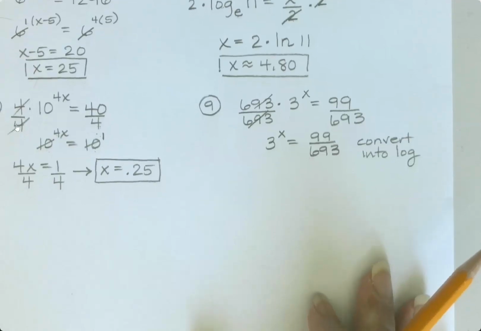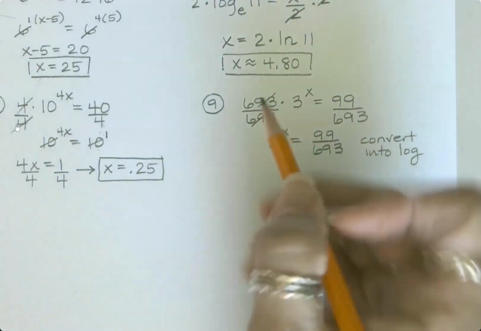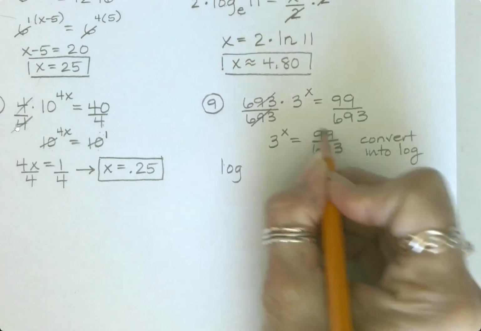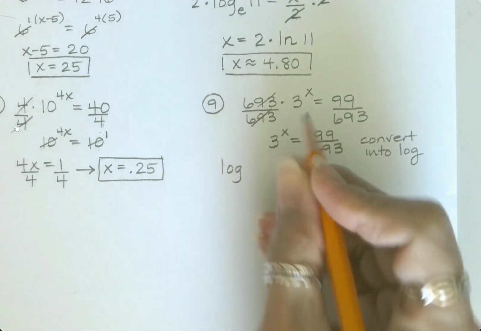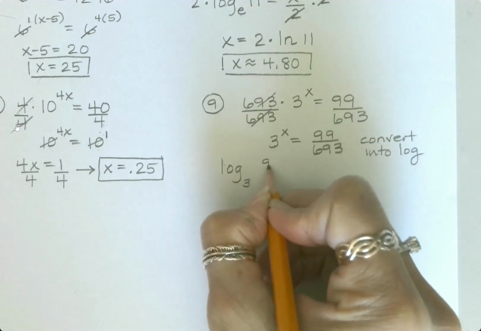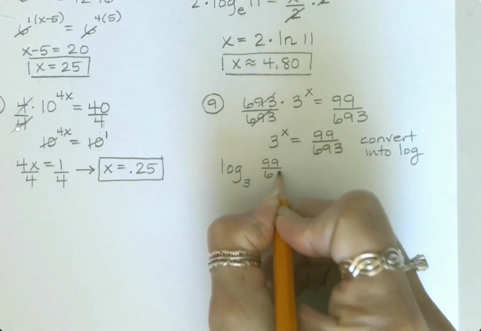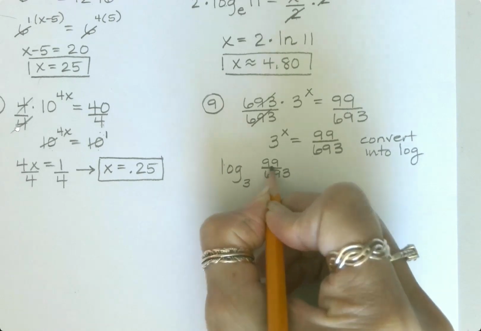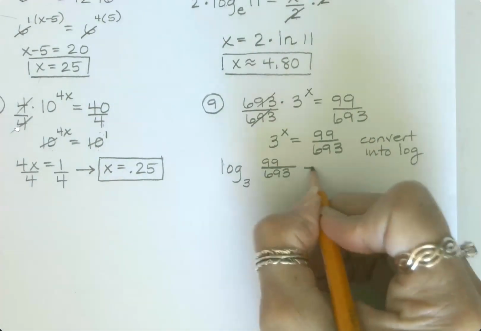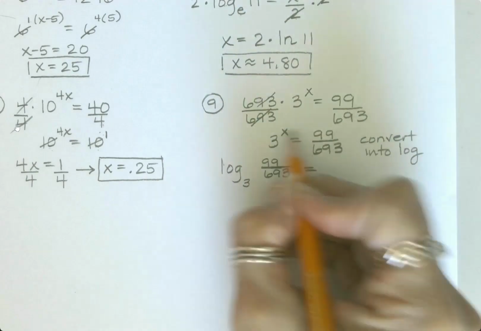So follow the rules of converting an exponential into a log equation. So let's write the word log to stipulate, hey, this is the route we're going. So the log, my subscript is the base of this problem. My base is a 3, of the number 99 over 693. Okay, it doesn't matter, it's a fraction, just write it out, equals my exponent.